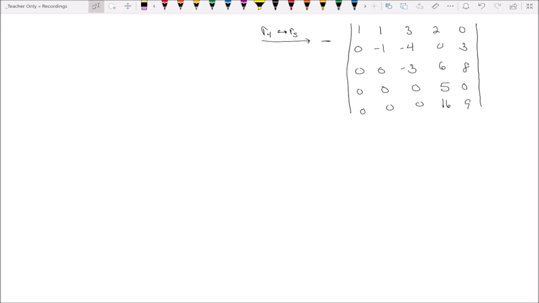Okay. Now, let's go ahead and do one final step. Multiply 16/5 row 4 and add it to row 5. That will leave us with this matrix.